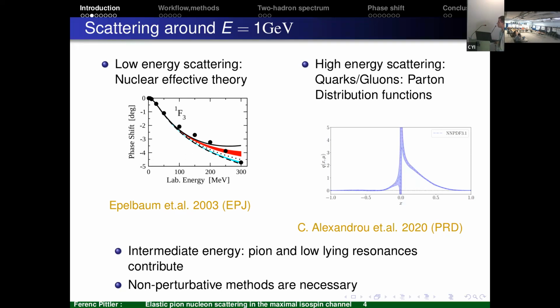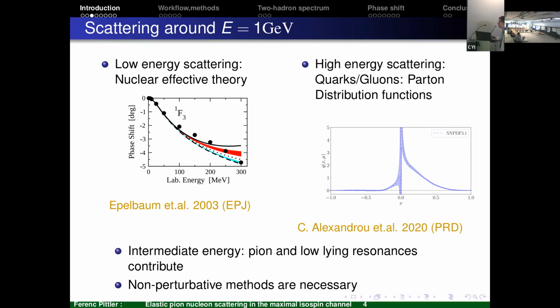And this works with low energy, as you can see from this picture. You have the nuclear effective field theory, and you can calculate the scattering phase shift, and you have a good description using just the potential.